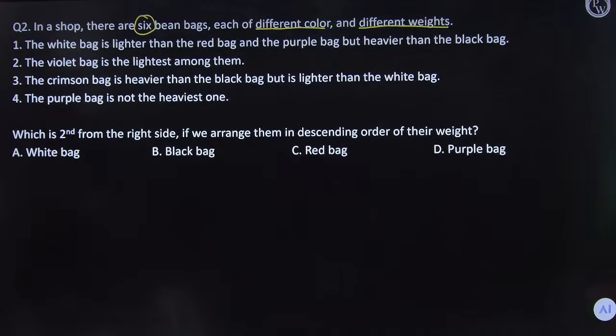Okay, we already have an answer. Karan is saying black bag. Very good. How about others?